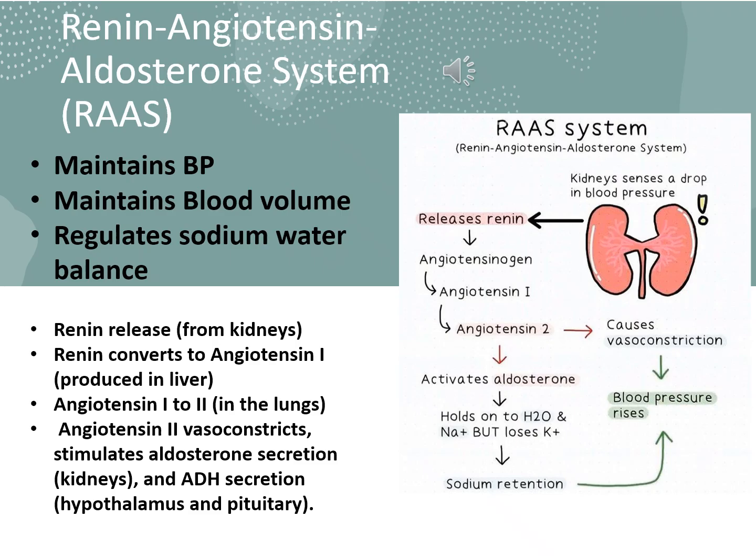For our RAS system, we have a decrease in blood pressure or a lack of flow to our kidneys, which stimulates that renin release to occur. Renin will then convert to angiotensin 1 in the liver area. That angiotensin 1 travels through the blood to the lungs and is converted to angiotensin 2.